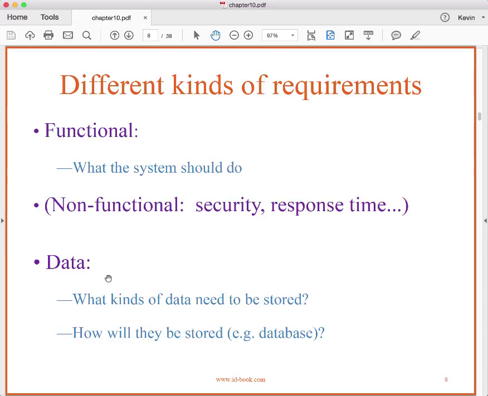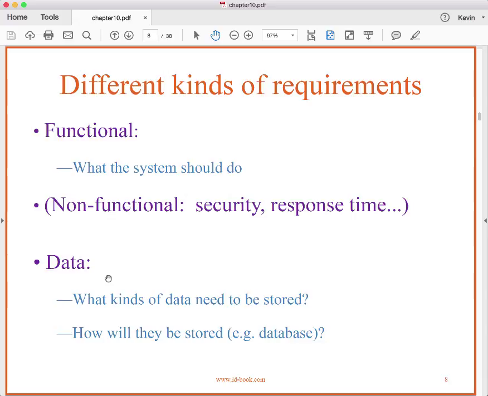But here, our authors want to tell us there are three kinds of requirements for a system: functional requirements, what the system should do; non-functional requirements, how it should perform, such as security, response time, and usability, which is one of the biggest areas of non-functional requirements. So that's going to be a big area for us. And data: what kinds of data need to be stored, and how will they be stored?